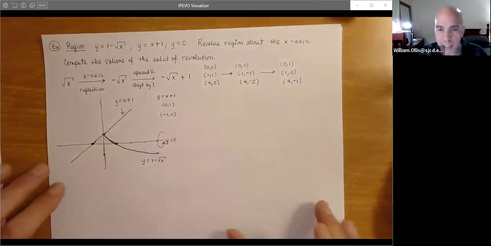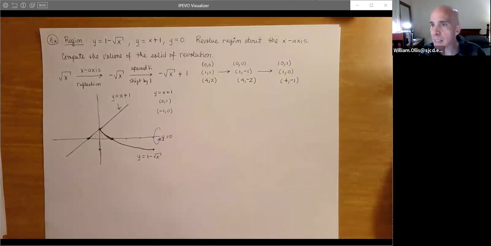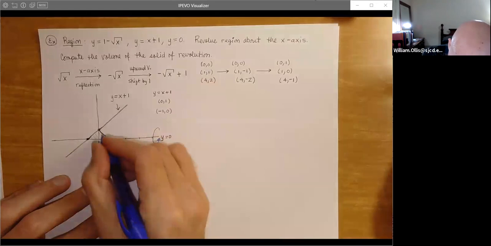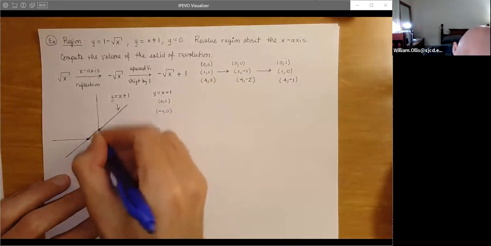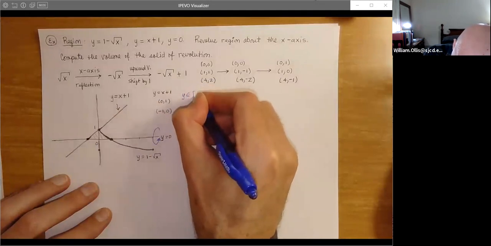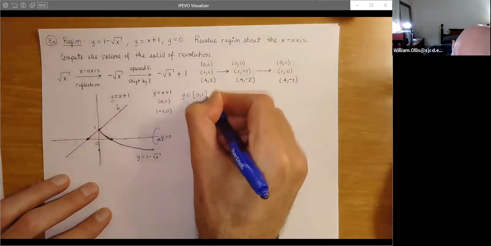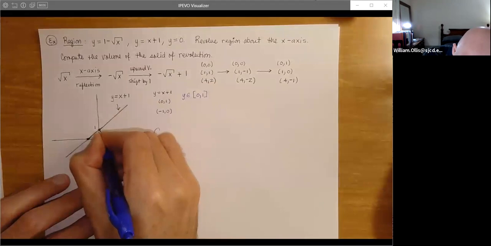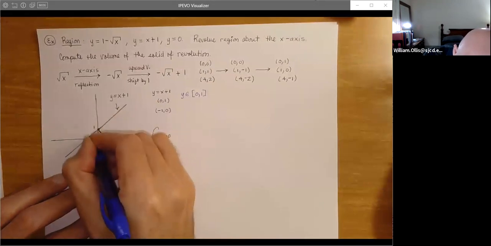So now what we can see is that when we take the strip parallel to the axis of revolution, we have a 0 and a 1. So we're going to take y to live between 0 and 1. And so we can mark off a y here and draw in our strip.